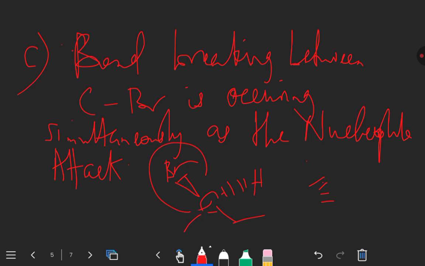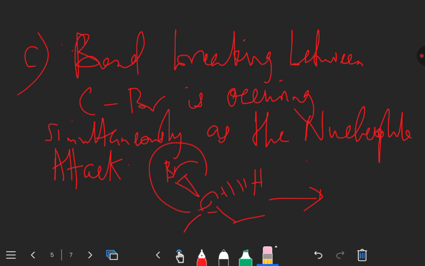Then we have this. So meaning that once it undergoes inversion, what is going to be formed will be that the nucleophile will now be attacked at this dash.